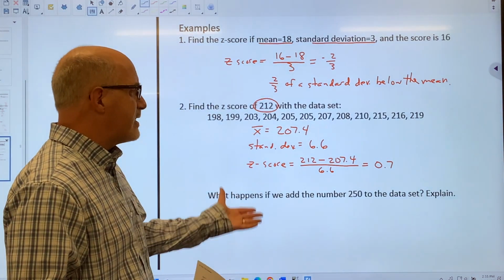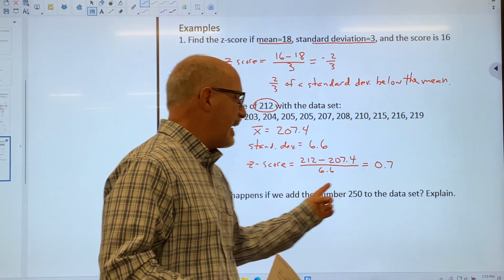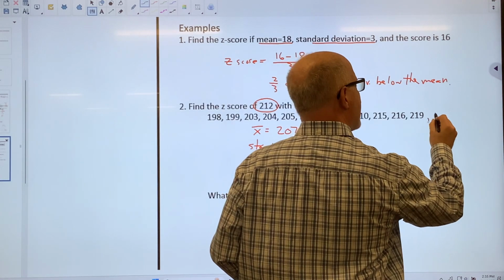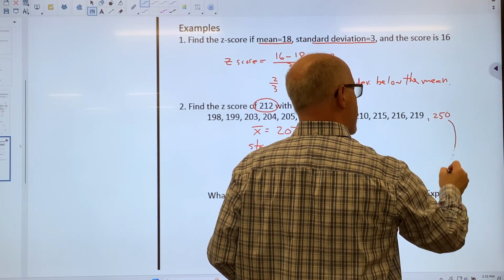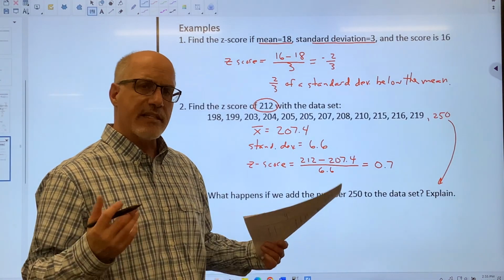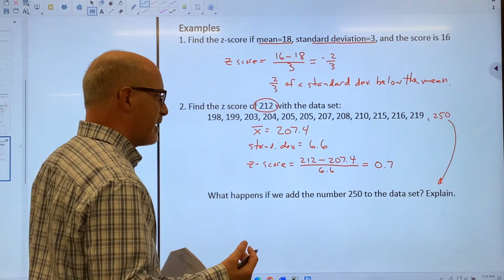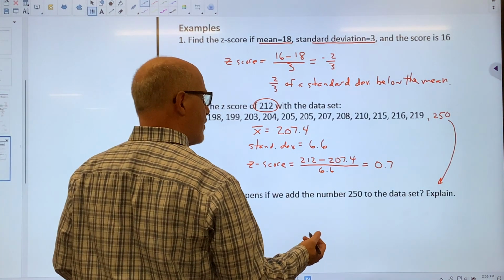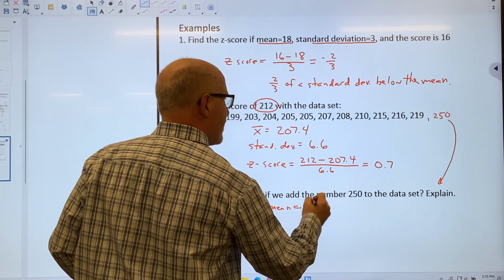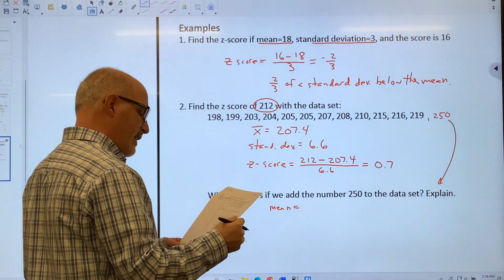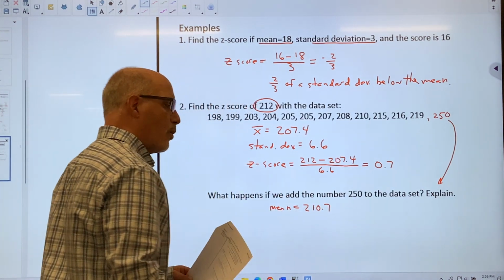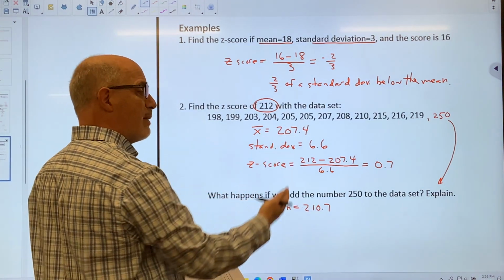Now, if we were to take our list of numbers and add the number 250 to it, how would that change the statistics that are produced? Well, if you put that in on your calculator, the mean with this new value added on, the 250, is now going to be 210.7, which, notice, raised the mean.